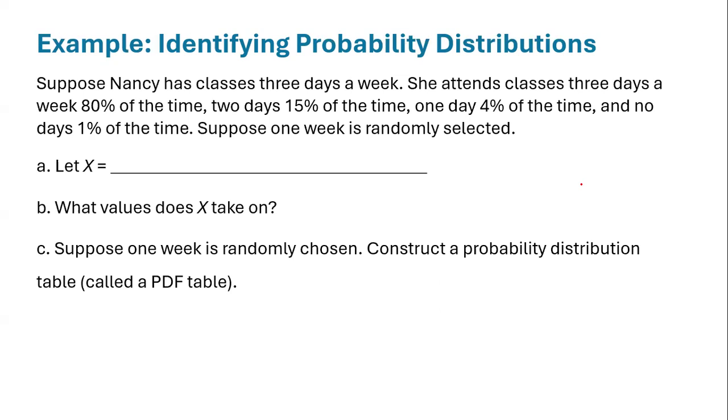That means the random variable is the number of days that Nancy attended class in a week. So when it says let x equal to, that means describe what the x is. X is the number of days Nancy attended class in a week.